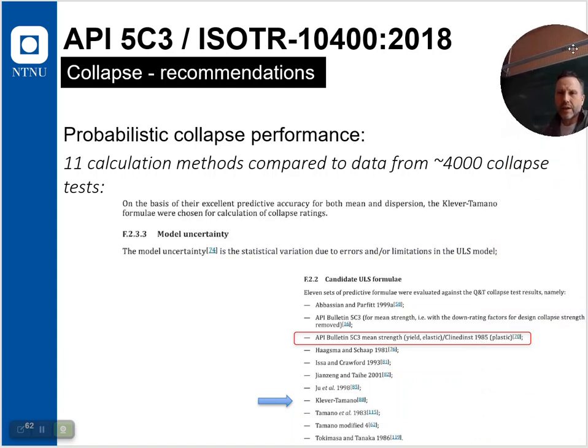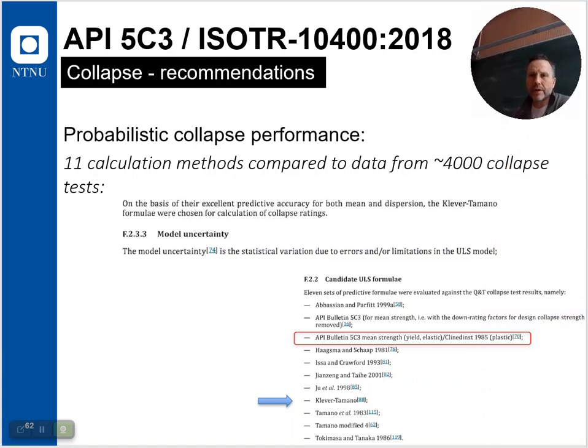This is the collapse recommendation in Appendix F233 in the standard 10400. It looked at a work where they collapsed 4,000 pipes and compared 11 calculation methods.